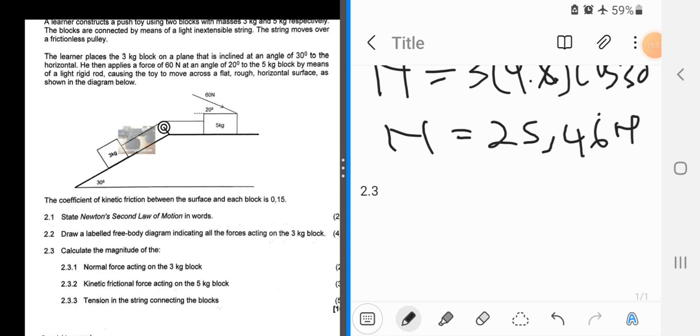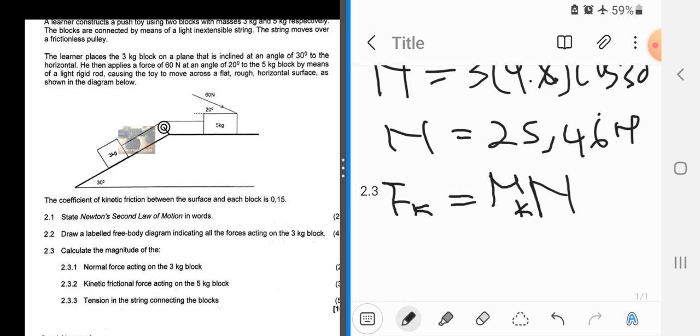We are asked to calculate the kinetic frictional force acting on the 5 kg block. So kinetic friction equals, we have the coefficient k here, times normal force. Okay, so we are going to use the coefficient, which is 0.15, and then multiply it by normal force.